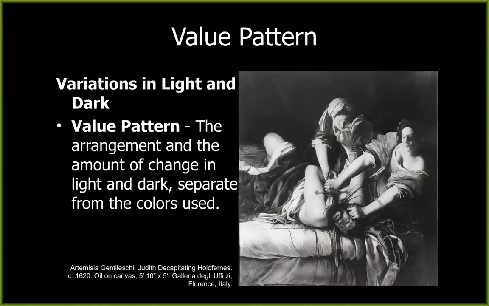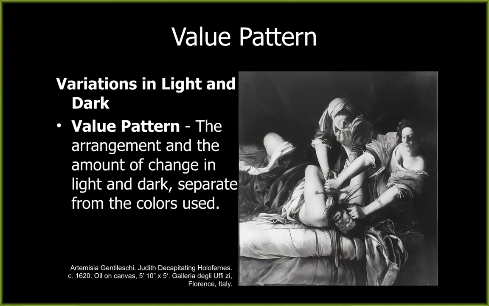Variations in dark and light are called the value pattern. And this is again a black and white version of Artemisia Gentileschi's painting of Judith beheading Holofernes, which is a gruesome story and a pretty gruesome painting.